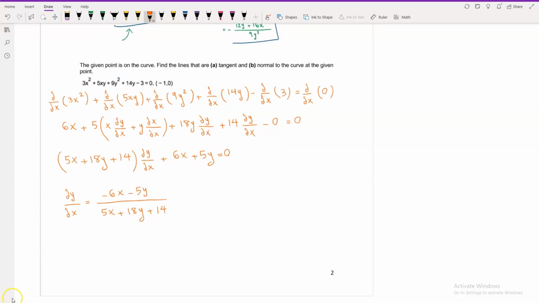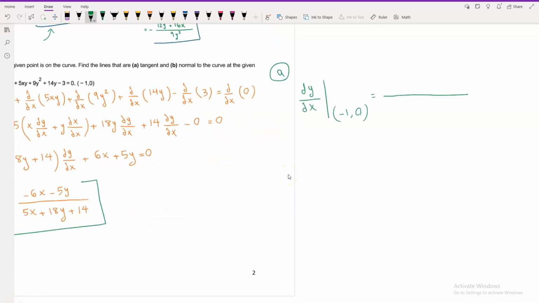Now we can find slope using derivative. So here dy over dx at negative 1, 0, we have negative 6 times x is negative 1, minus 5 times y is 0, denominator 5 times x negative 1 plus 18 times y as 0 plus 14.